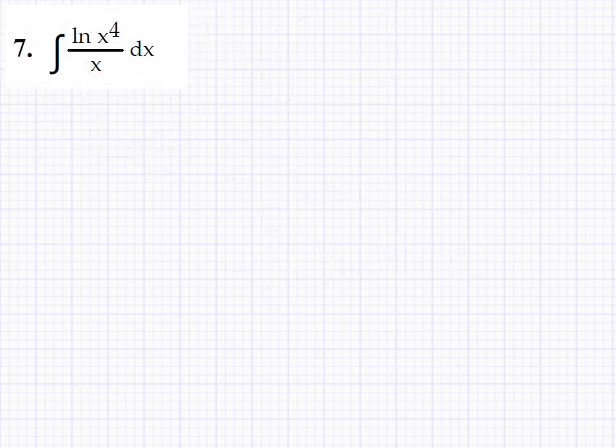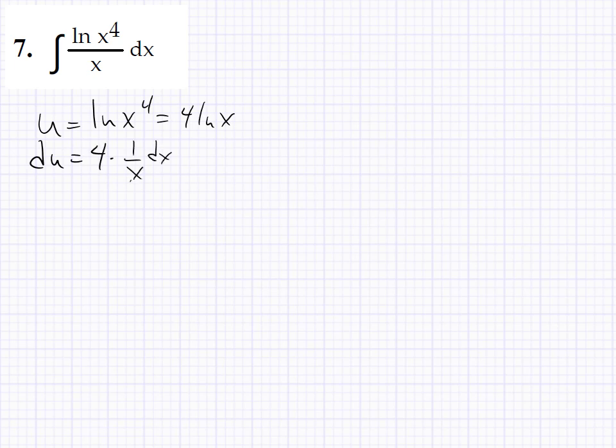Here's a similar one, same idea. I want u to be my logarithm. I could write that as 4 log x, so that when I go to take the derivative, I have 4 times 1 over x dx. Again, 1 over x dx is dx over x. I have a dx over x. That's the u I just used.